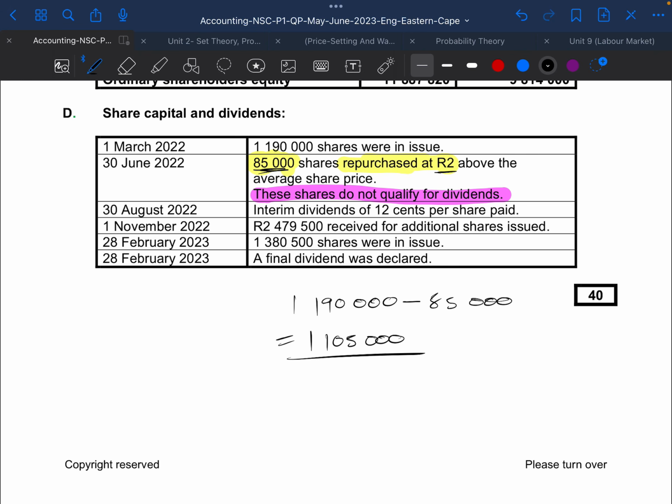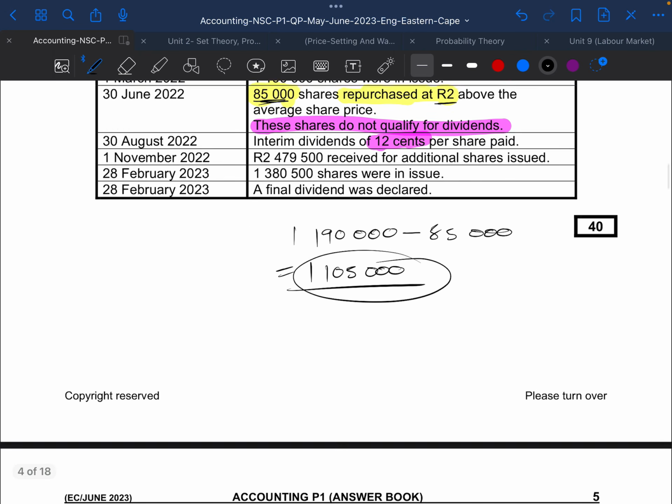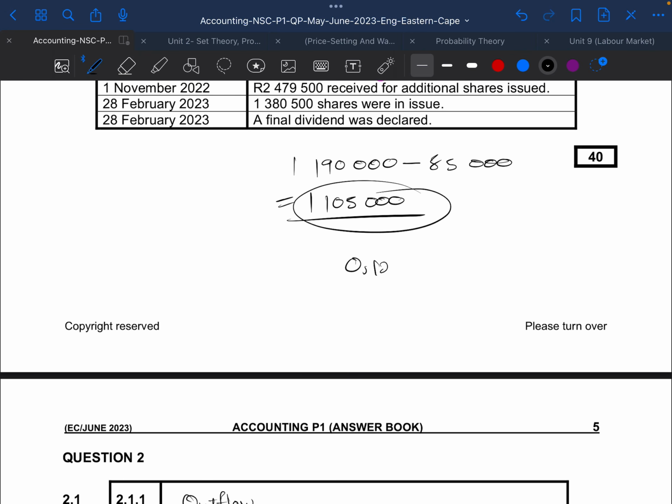Okay, so now we are going to issue interim dividends of 12 cents per share for how many shares? The shares are 1,105,000.